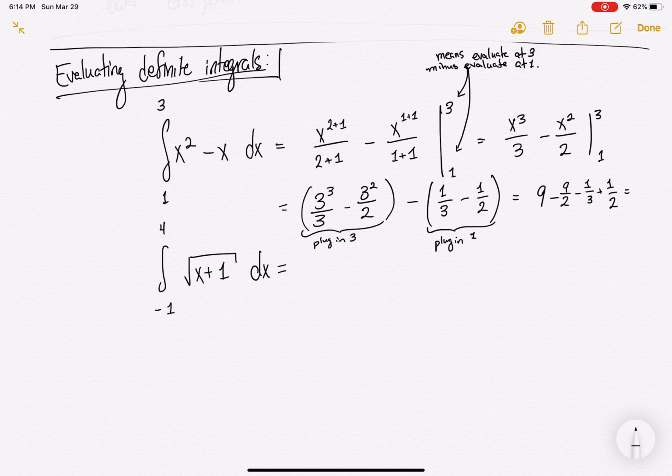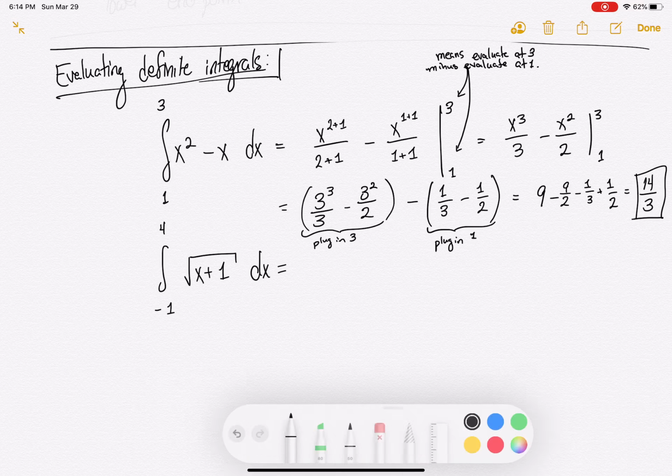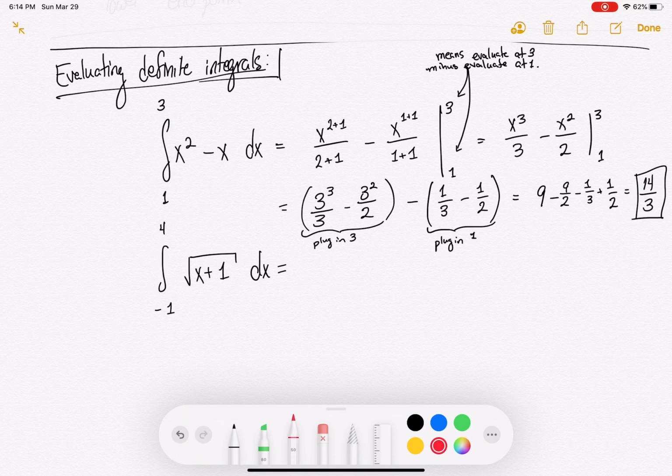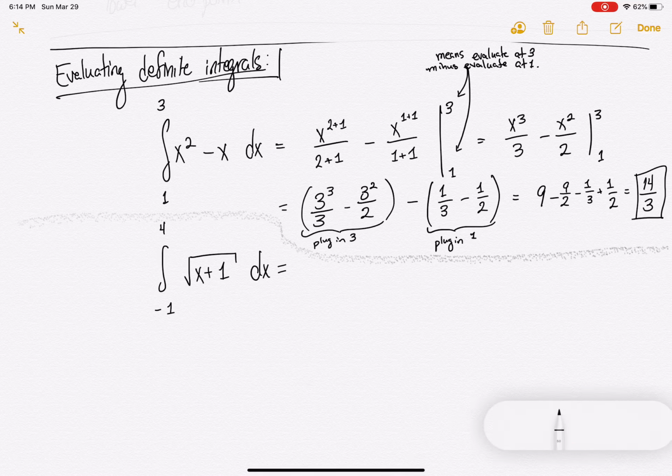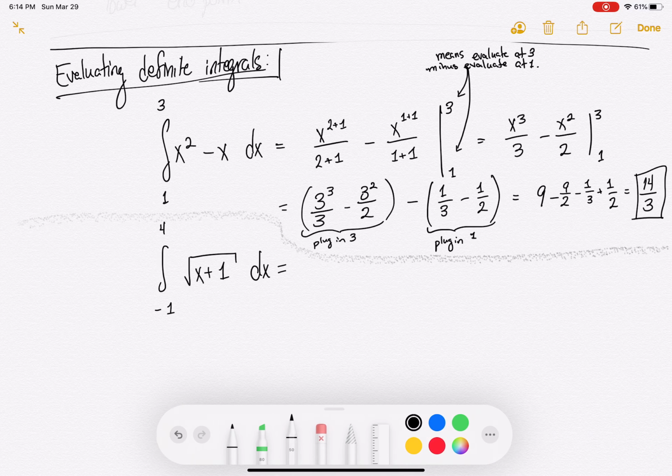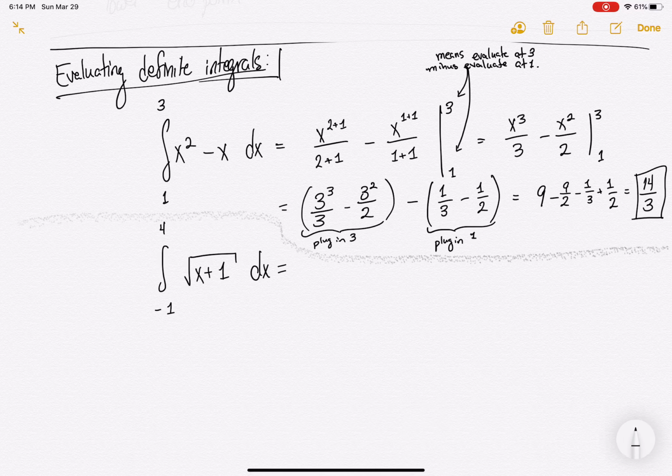And 5 minus 1/3 will be 14 thirds. So we get an answer of 14 thirds. That's how to do one possible definite integral. Just going to separate these out so we don't get confused as to which one is which. And then we'll do another definite integral.